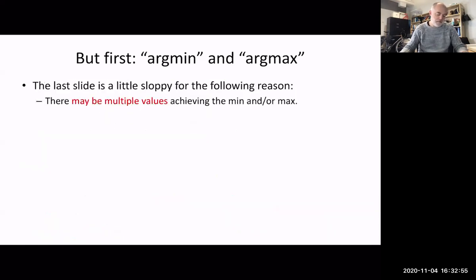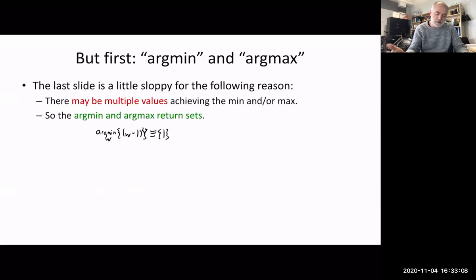I will be pretty sloppy when I talk about argmax and argmin. I often say the argmax is a value, when in fact there can be multiple values that achieve the max or min. So the argmax and argmin should technically be thought of as returning sets. We should say the argmin of this is the set containing, and so on.